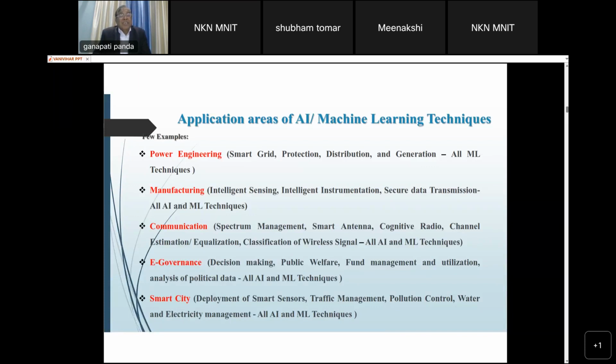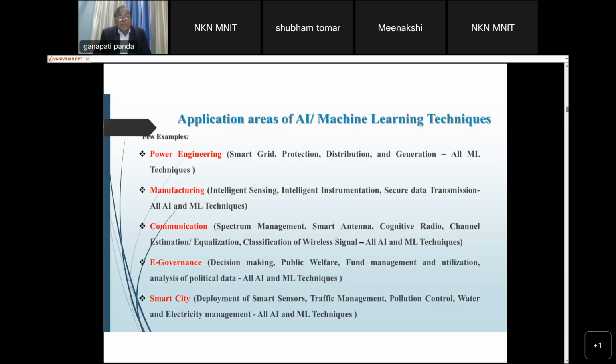Manufacturing: intelligent sensing, intelligent instrumentation, secure data transmission. For communication: cognitive radio, spectrum management, smart antenna, spectrum allocation, channel equalization, classification of wireless signals, etc.